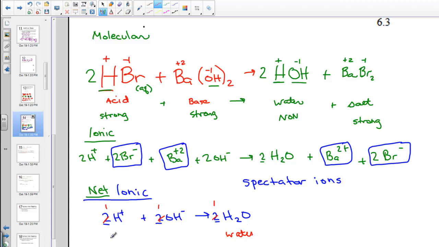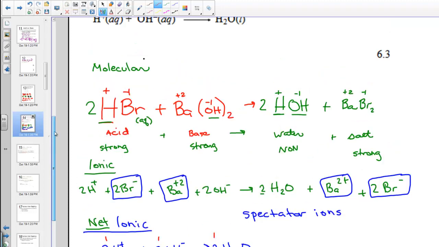The acid ion and the base ion neutralize to make the water. This is what the net ionic equation is for an acid-base neutralization. We take the acid protons, combine them to the base hydroxides, and show the formation of the neutral water molecule.